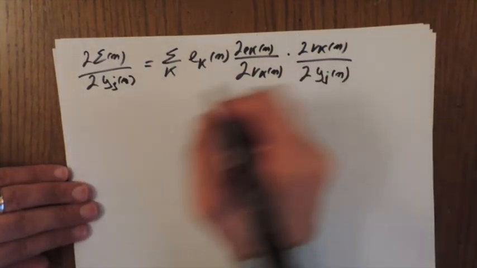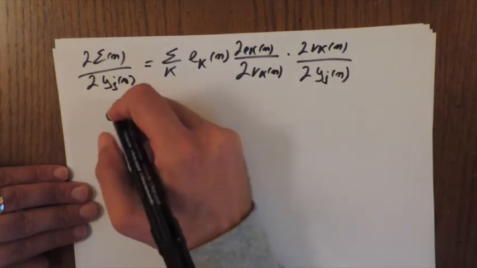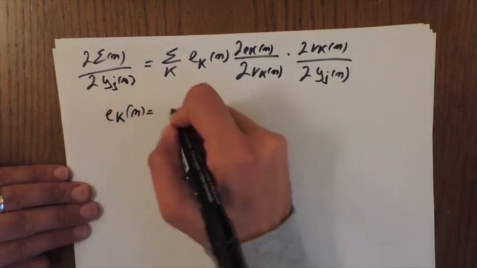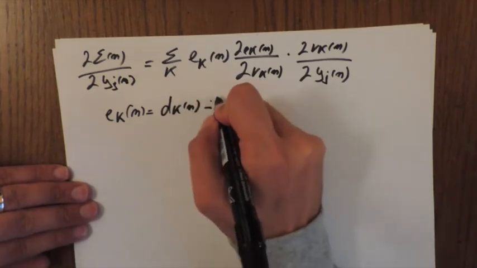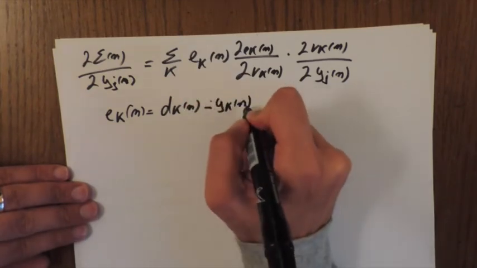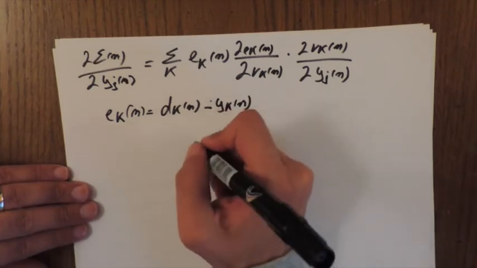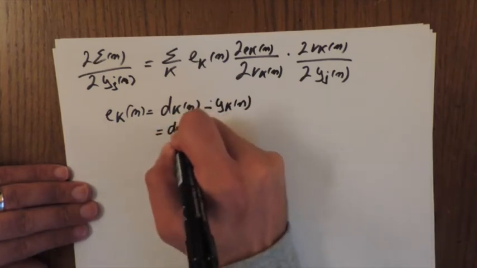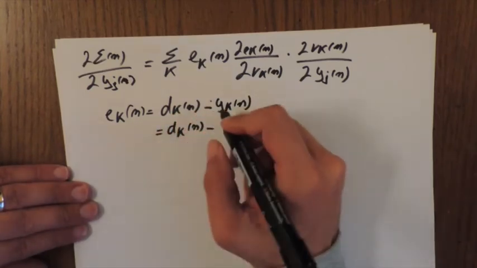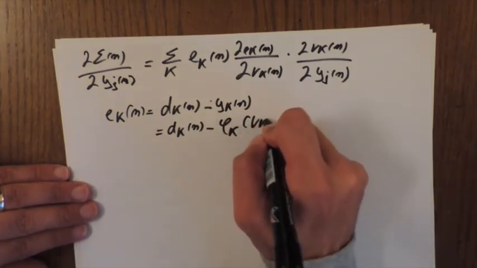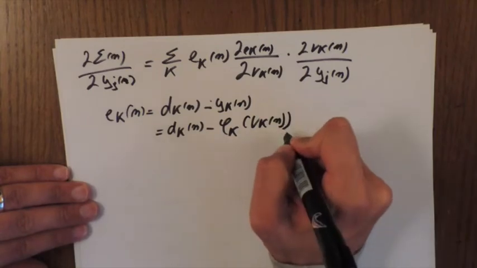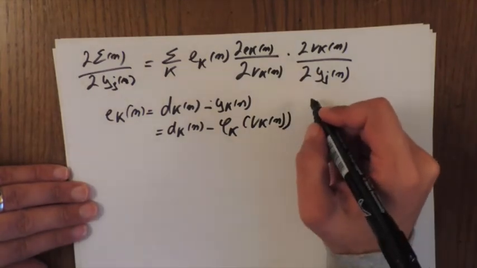So this is the output layer, remember. So we know that ek of n is equal to dk of n minus yk of n. So this means it's equal to dk of n minus, this is of course phi k of vk of n, where k is the output neuron.